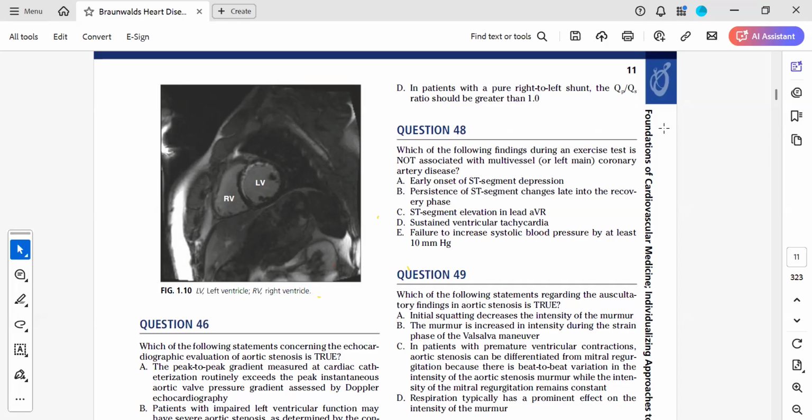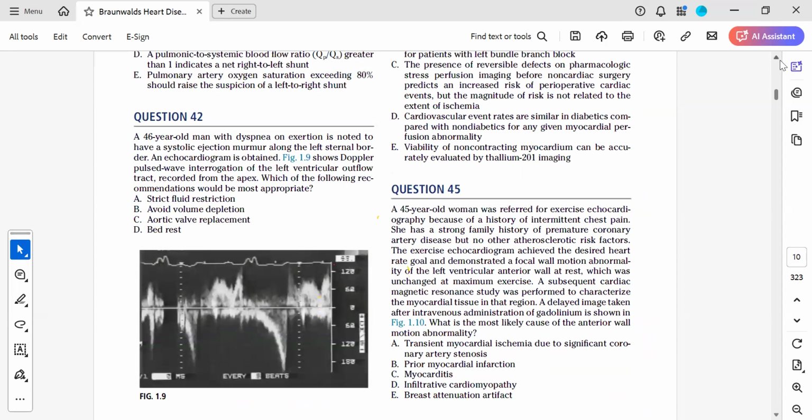And what I can see is that whitish area in the septal area that is described as late gadolinium enhancement. So looking at the options, I think the option that will be correct for question 45 is previous myocardial infarction. That will be option B.